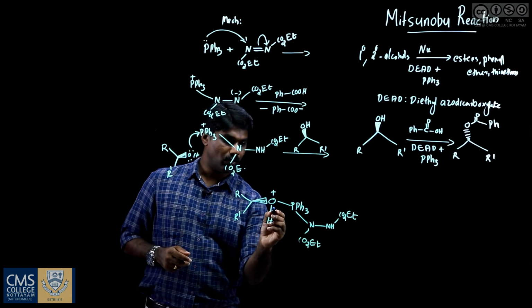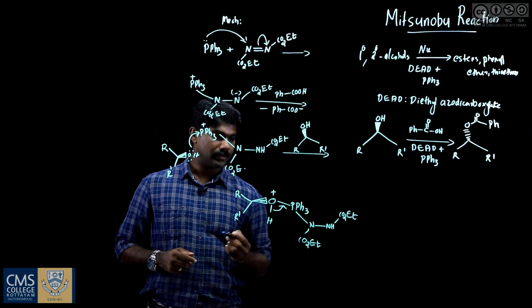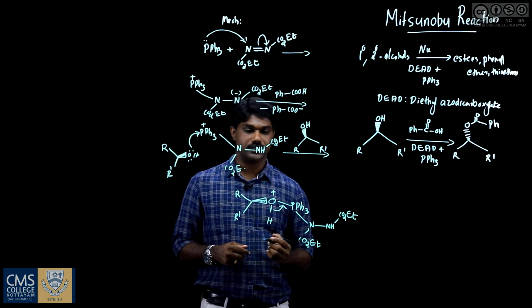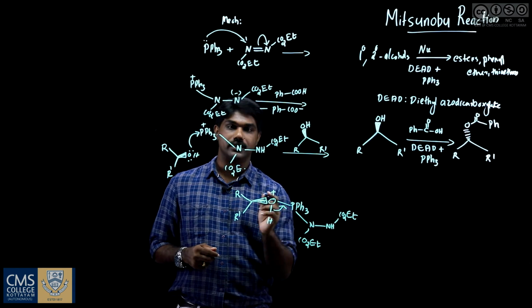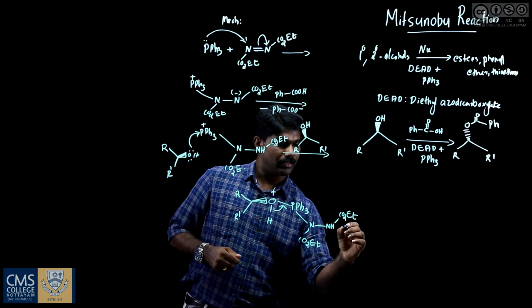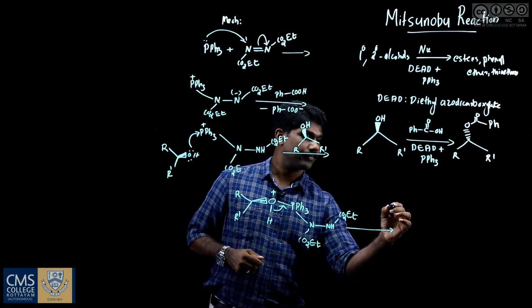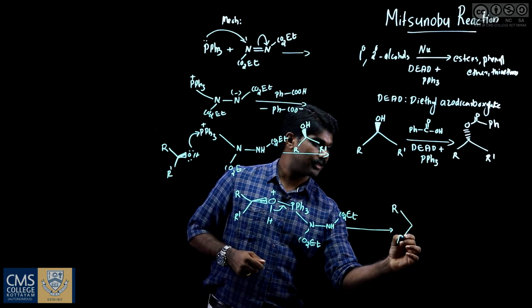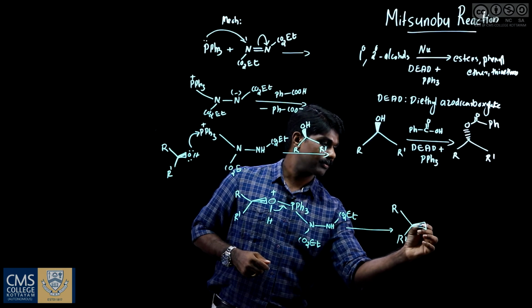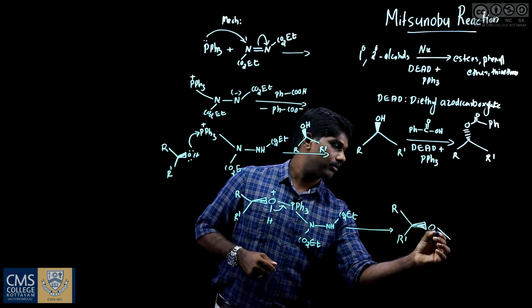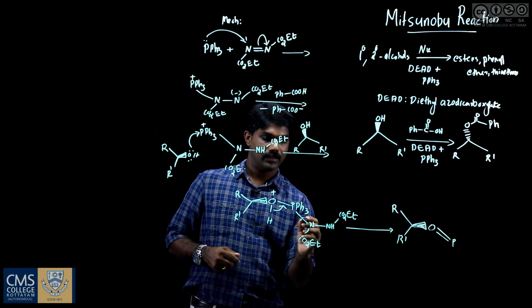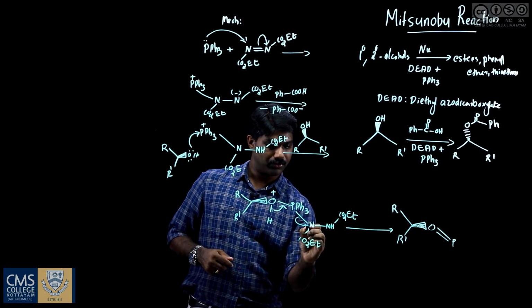Then this bond shifts to form the phosphorus oxygen bond, because phosphorus and oxygen have great affinity. So we get R dash O double bond P. This bond shifts to nitrogen.